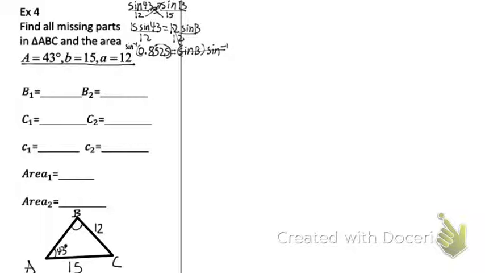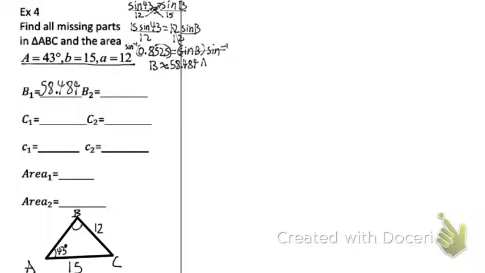And I got that B approximately equals 58.484. So B1 is 58.484. Let's save that as letter A.